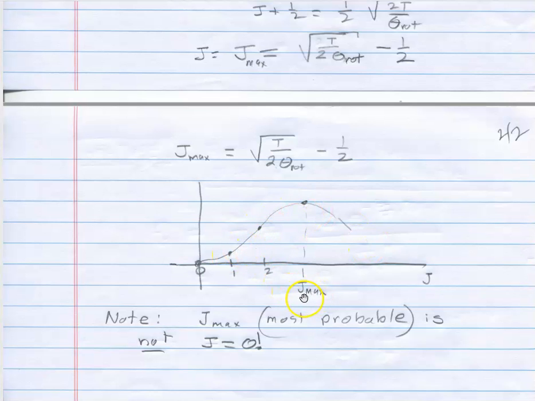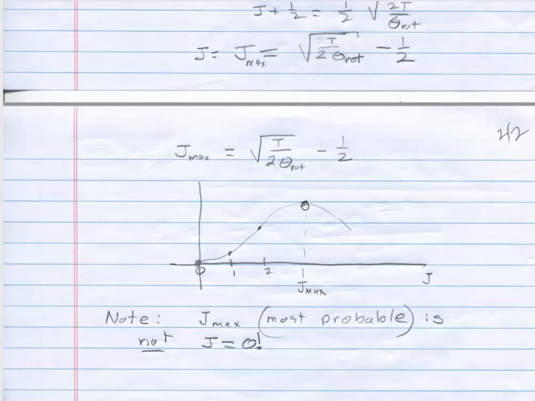But the maximum value, the place where the J angular momentum quantum number has the most particles in that state, is not 0. So it's kind of a surprising result. The most probable state in these rotational systems is not J equal to 0.